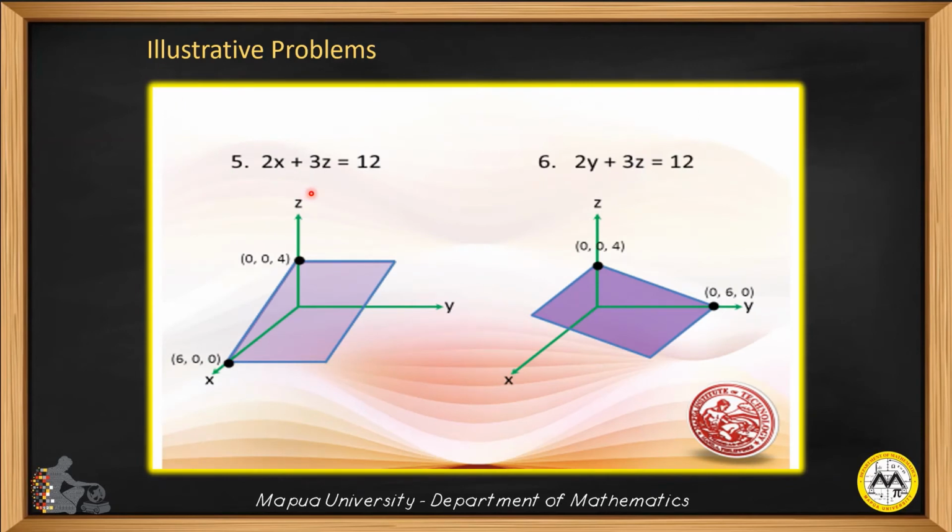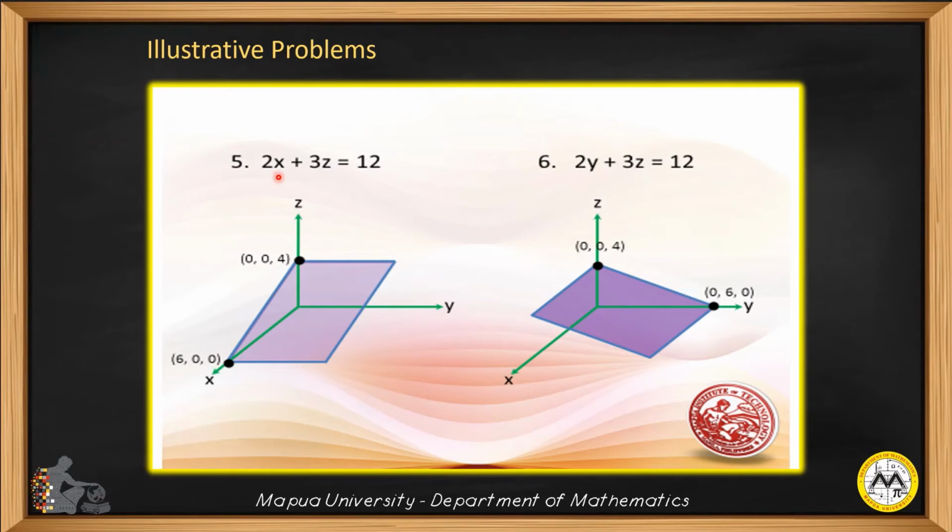Okay, so for the graph of 2x + 3z = 12, again, there's a missing variable here, which is the y variable, so we expect the plane to be parallel to the y-axis. So what you do again is to draw this line on the xz plane. So you locate the intercepts. When z is 0, x is 6.